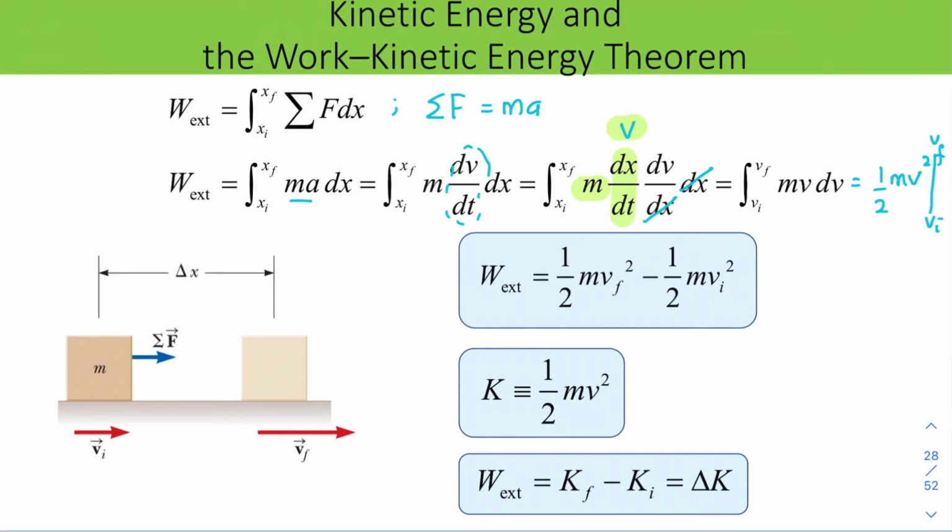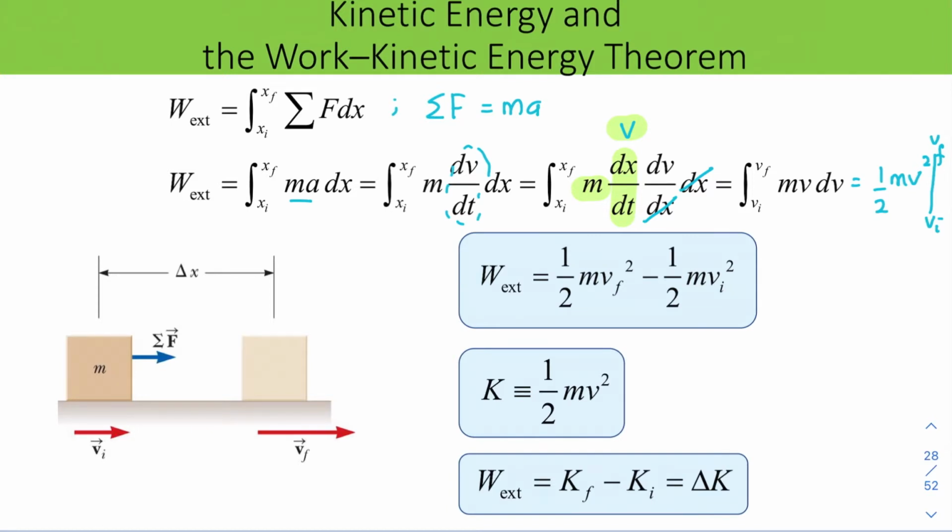Now if you substitute the V initial and V final conditions, you get this equation: work done by external forces or agent on the object is equivalent to half m v final squared minus half m v initial squared. We know that work done is a kind of energy. When it involves velocity or speed, we have a special name for it. We call it kinetic energy.